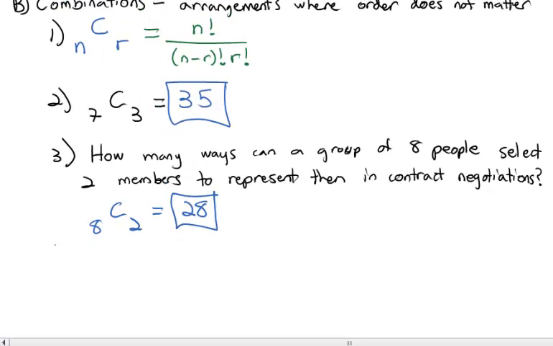A classic example of these combinations is, let's say there are 15 people at a party. And of course, in the good spirit of friendship, everybody has to greet everybody. So everybody's going to shake everybody's hand.